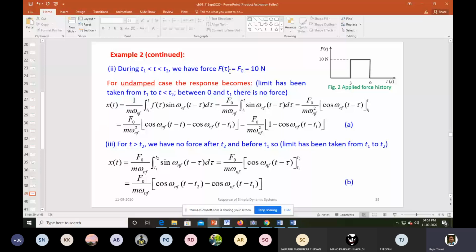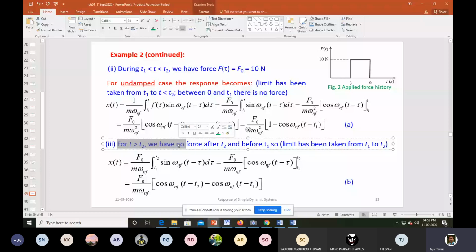The limit is because maybe I want to find out the response in between also, from 3 to 6. Because the force change has started from 3, T1, and it can change up to 6. So if I want in between also, that's why I've taken T1 to T, and T can take any value from 3 to 6.